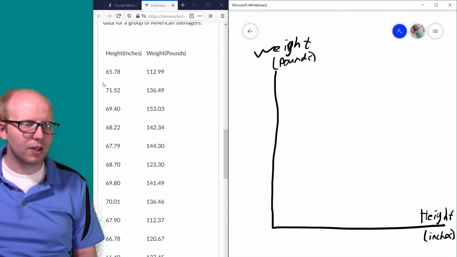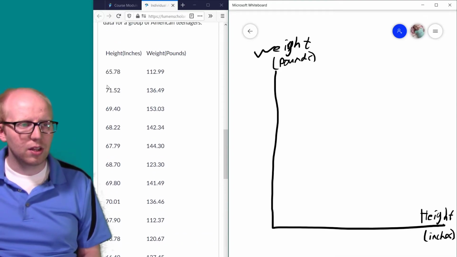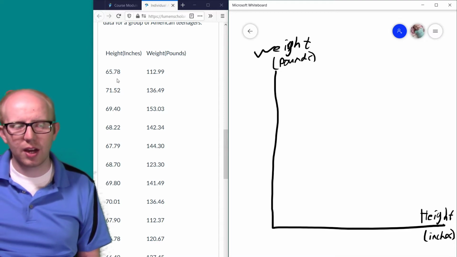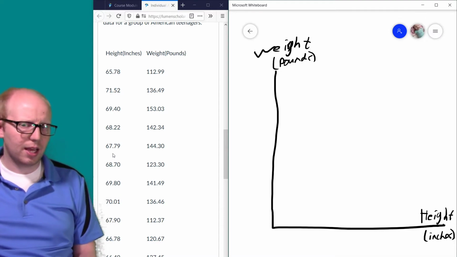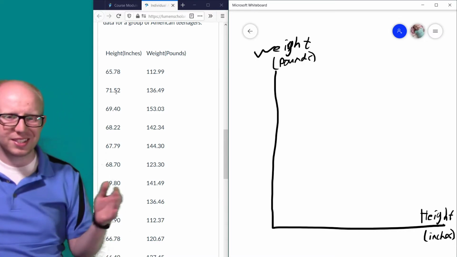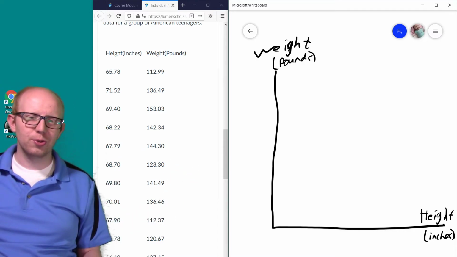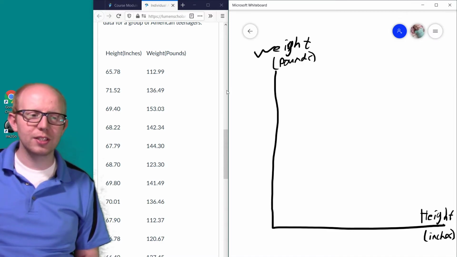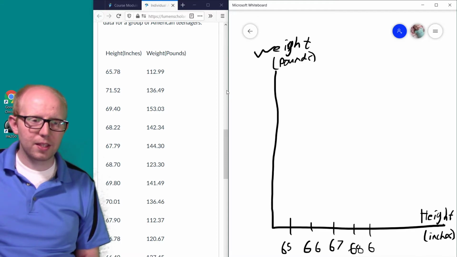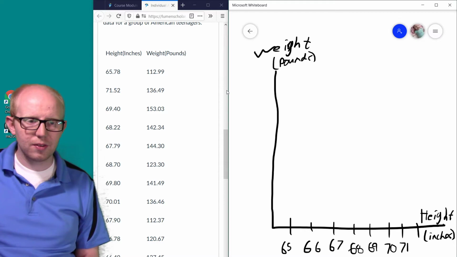If we go through that list, it looks like the lowest value is this 65.78 and the highest value is this 71.52. So we need to go from about 65 to about 72. Let's just go by ones: 65, 66, 67, 68, 69, 70, 71, 72.